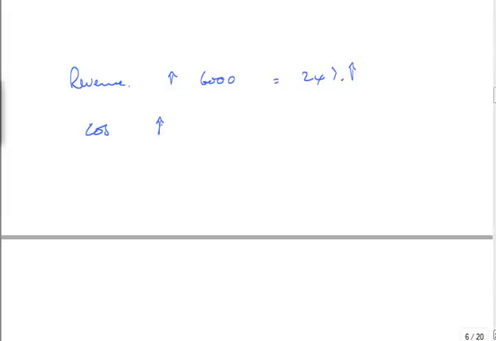Well, in theory it should increase by 24%, but it's gone from 18.6 to 21.8, which is 3.2. So 3.2 divided by 18.6 has actually gone up by only 17%. So not only have we improved our profitability in terms of gross margin, but we've improved our revenue faster than we've improved our cost of sales. It would suggest that Monty is in great control of its cost of sales figure.